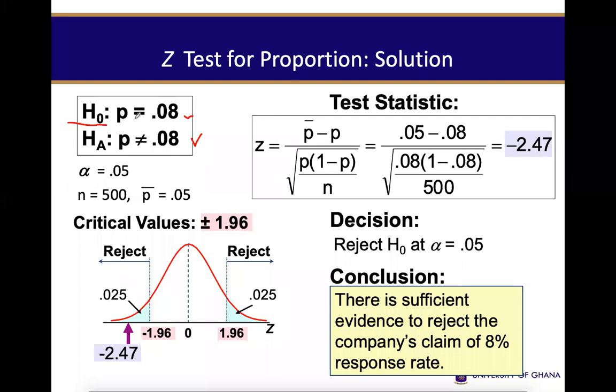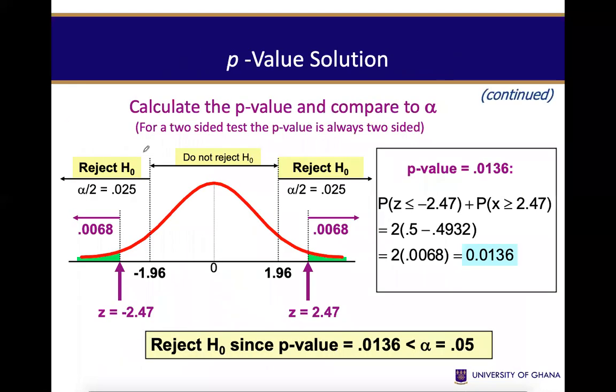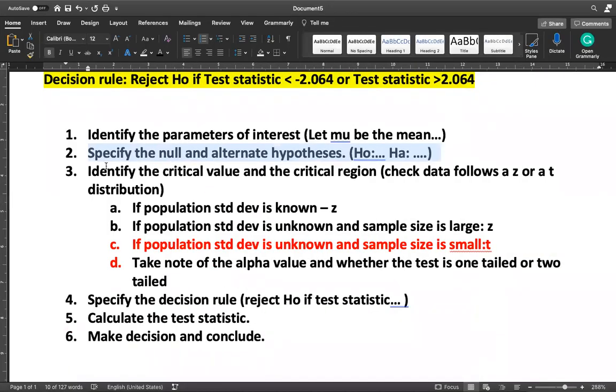H naught is such that the proportion is equal to 0.08, and then HA is such that the proportion is not equal to 0.08. Very good. Then the third step for us is to identify the critical value and the critical region. Now we've seen that we are dealing with proportions, so we are not going to ask ourselves whether the sample standard deviation is known or unknown, or whether the sample size is small or large. For a proportion, we are just going to deal with the Z distribution.